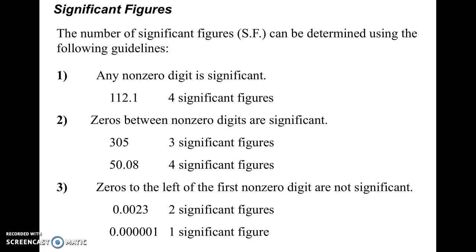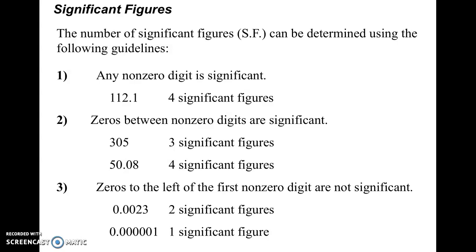If you've got zeros in there, it starts getting a little trickier, but if they're between non-zero digits, then they are significant. And so 305 has 3 significant figures, 50.08 has 4. If your zeros are to the left of the first non-zero digit, they are not significant, as can be seen in these two cases, because they're just placeholders.